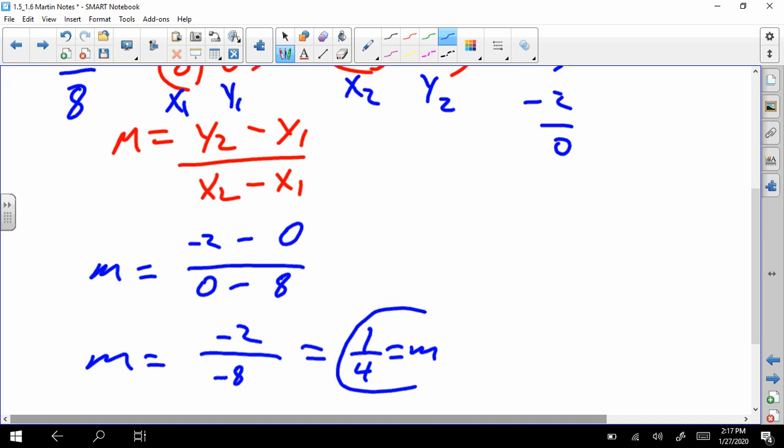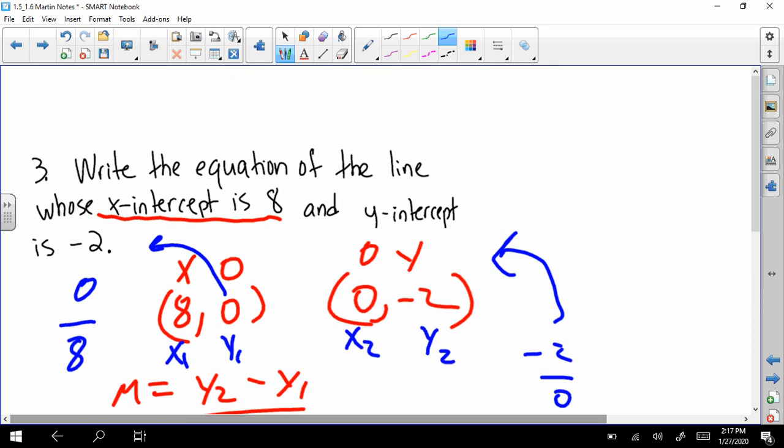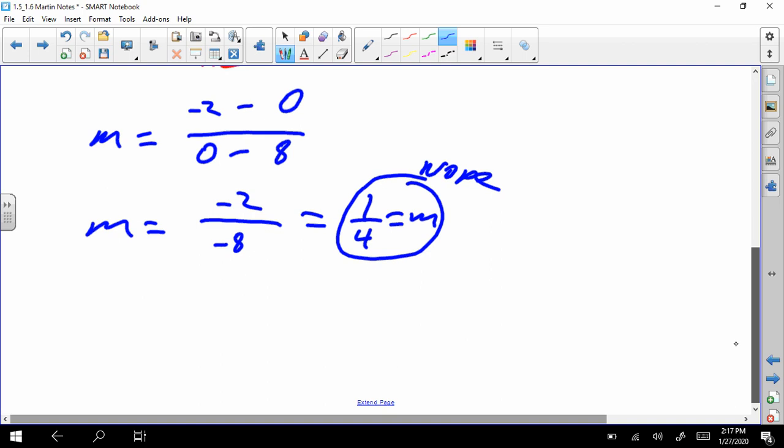Am I done because I have a slope? No. Just because I have a slope, they ask me to write the equation of the line. If they don't identify which one, we should assume y equals mx plus b. Now, I have two things that I could do. I could go back to point-slope form, take this slope, pick one point, and start cranking through it.